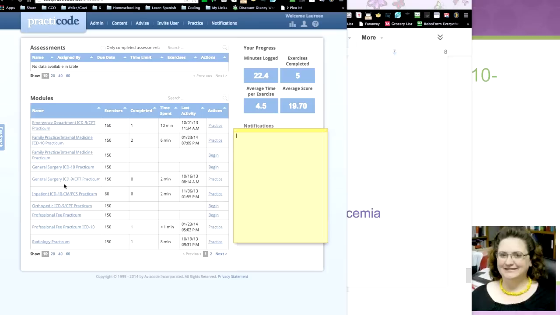This is a student program through CCO, and even if you're a member, not an official student, you still get access to all of the modules and the new ones to come for as long as you have your Practicode membership. It is on a year-to-year basis, so it's pretty amazing. We're very excited about it. And it gets to show your improvement.